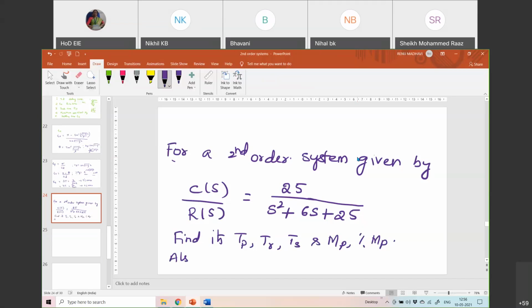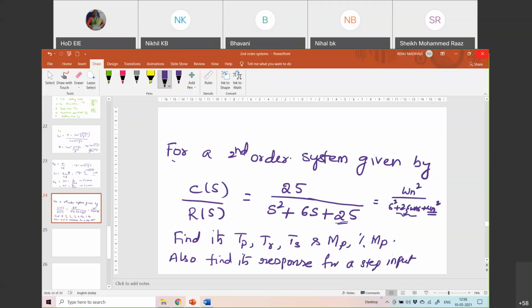Also find its response for step input. First note down the problem, and after noting it down, compare it with the standard second order system s² + 2ζωn s + ωn². ωn² is this, so find out ωn. 2ζωn s is this, you know ωn, so find out ζ.